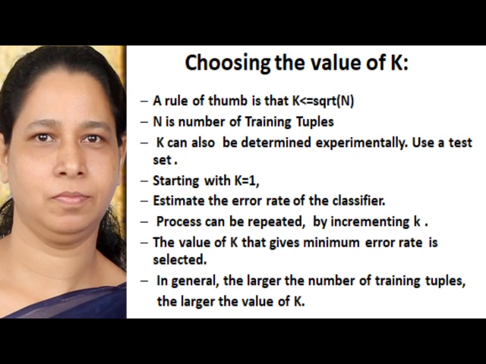Use a test set, start with k equal to 1, and estimate the error rate of the classifier. The process can be repeated by incrementing k, and the value of k that gives minimum error rate may be selected. In general, the larger the number of training tuples, the larger the value of k.